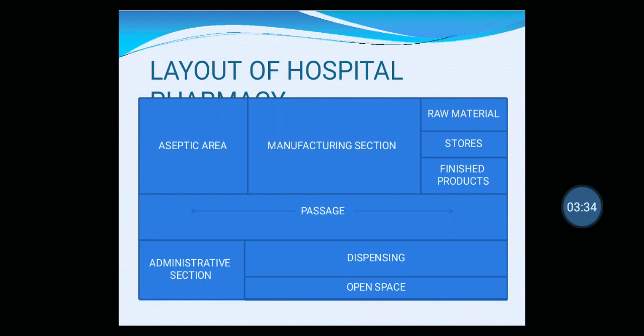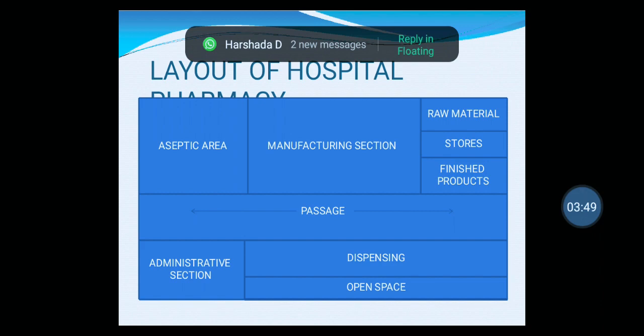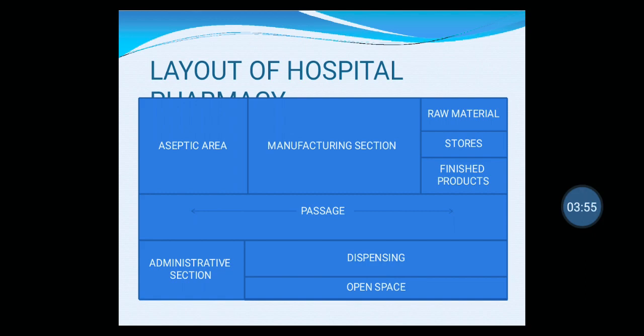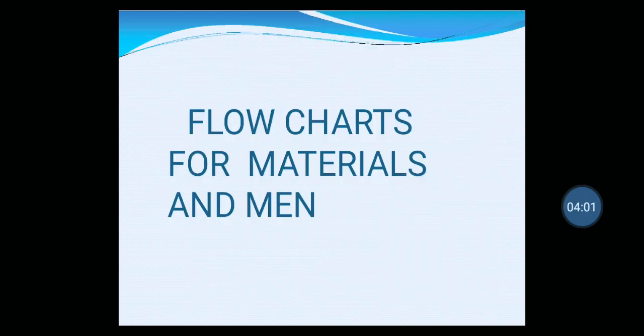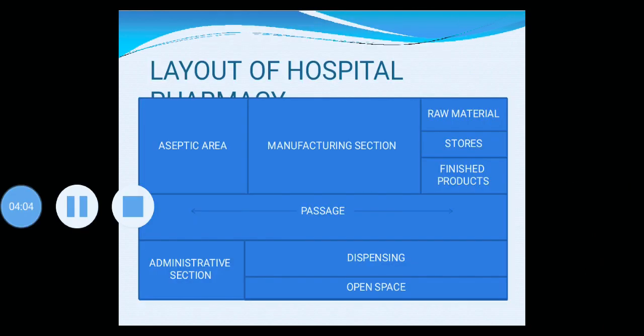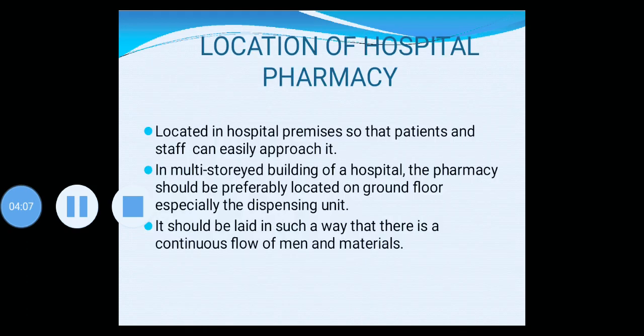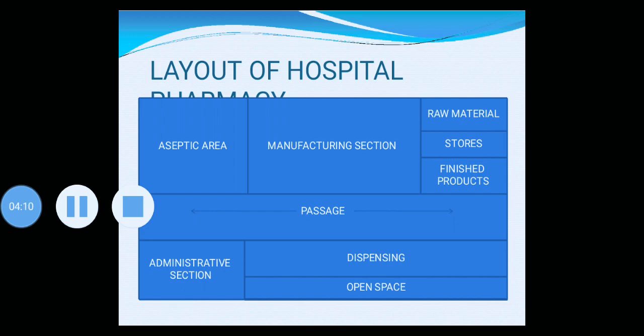That is tablet manufacturing, capsule manufacturing, parenteral preparation, suspension, and emulsion. Different procedures are included in the different manufacturing, such as tablets, capsules, large volume parenterals, and small volume parenterals. Raw materials.